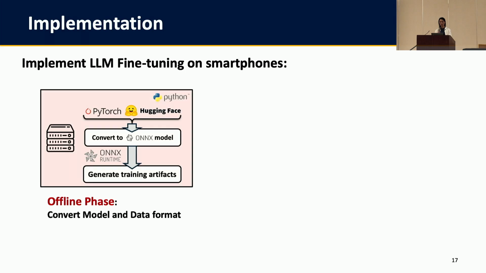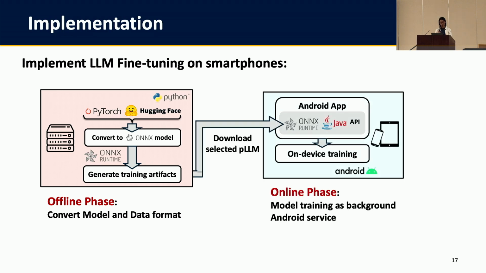First, in the offline phase, we use the server to pre-convert the format of the model from Hugging Face to ONNX and generate some training artifacts. In the online phase, the smartphone first downloads the selected model and wraps it into an Android app. So the app can use the ONNX Java API to launch the fine-tuning as a background service.